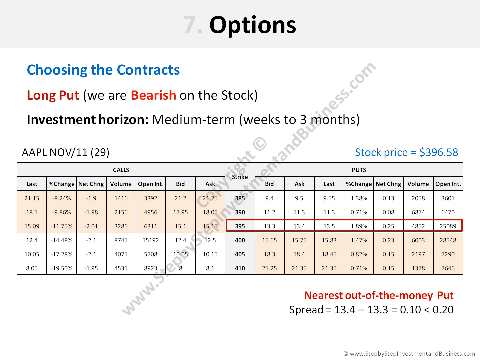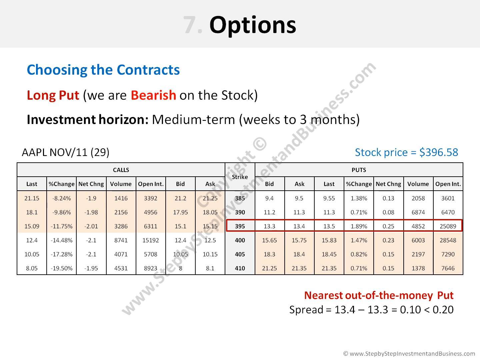In the case that we would like to open a long put position, that is, we are bearish on the stock, we choose the option contract as follows. Again, suppose we work with a medium-term investment horizon, that is, a time period of weeks to 3 months. Therefore, we decided to buy options that expire in 29 days.